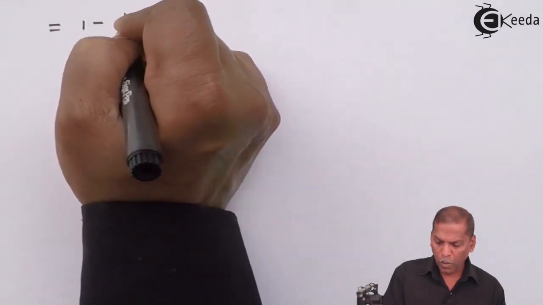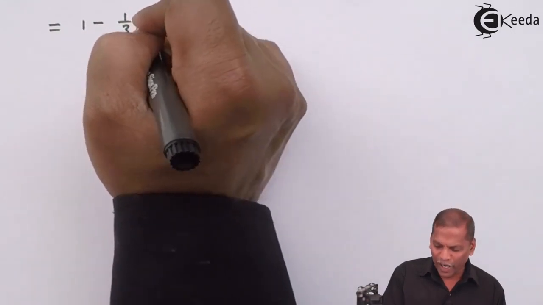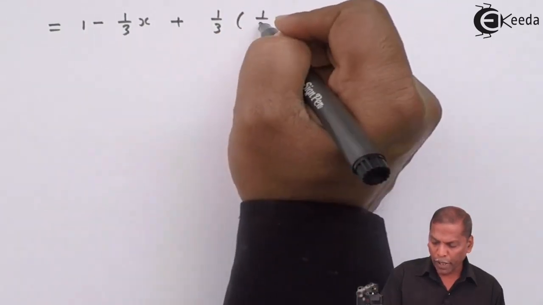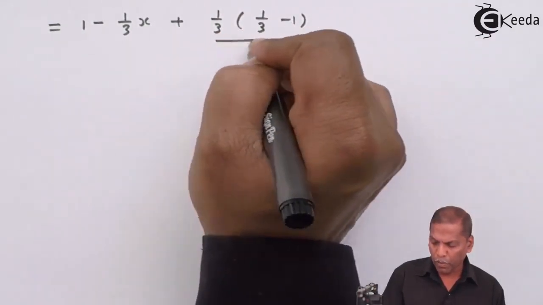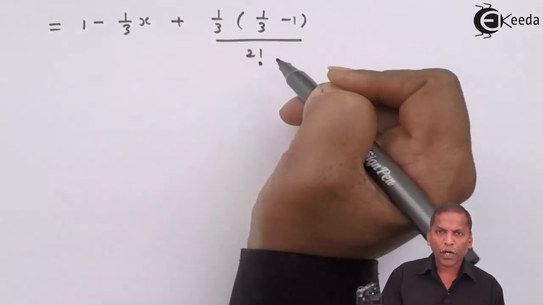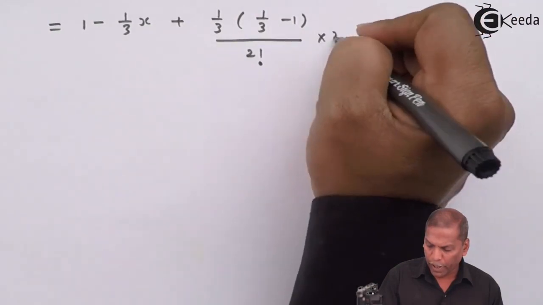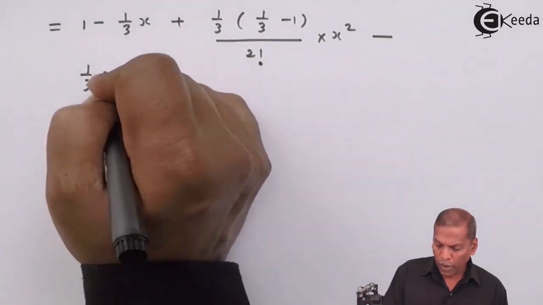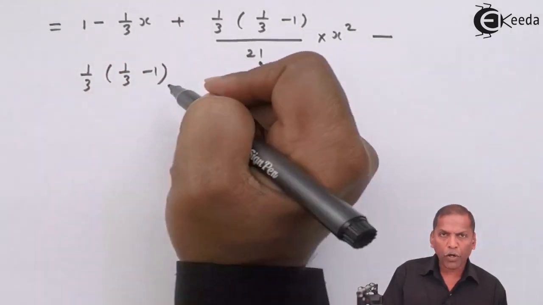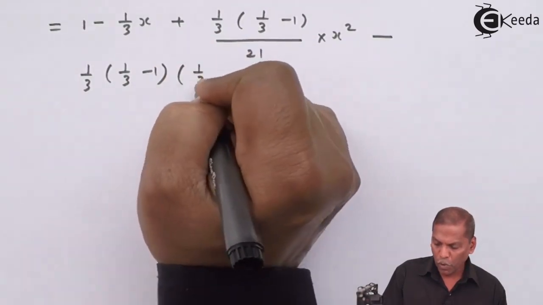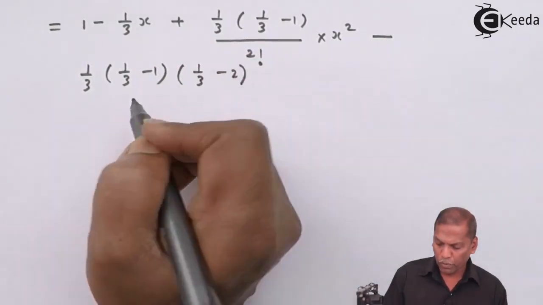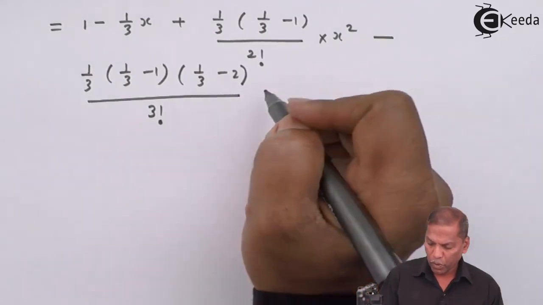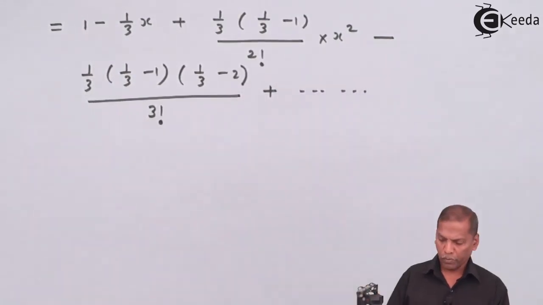So the next step will be 1 minus 1 upon 3 into x plus 1 upon 3 in bracket 1 upon 3 minus 1 whole thing divided by 2 factorial into x square, minus 1 upon 3 in bracket 1 upon 3 minus 1 into 1 upon 3 minus 2 whole thing divided by 3 factorial, plus going on.